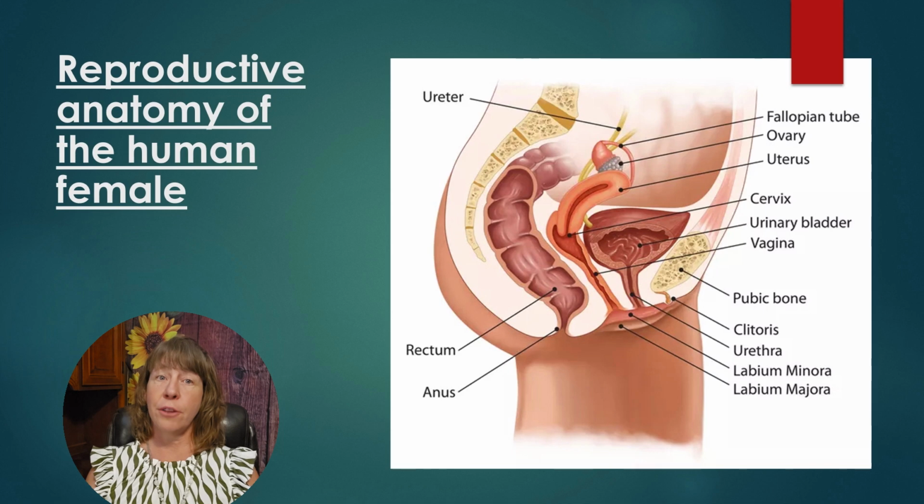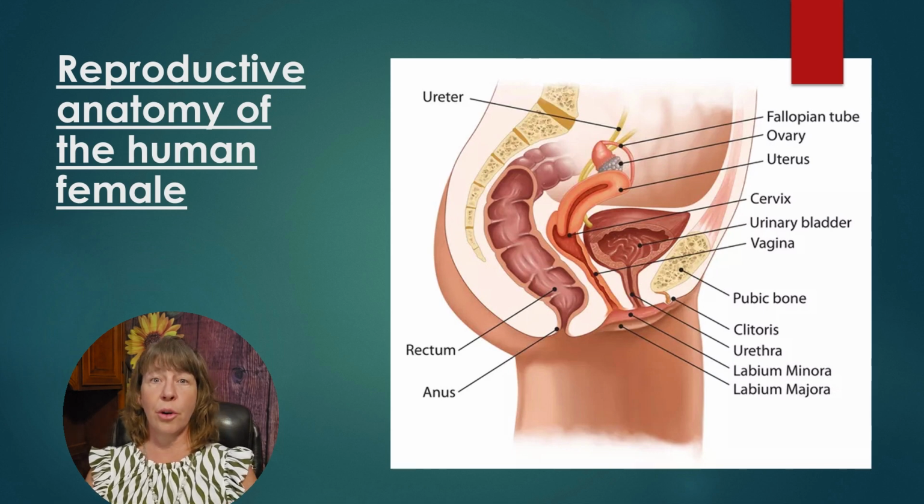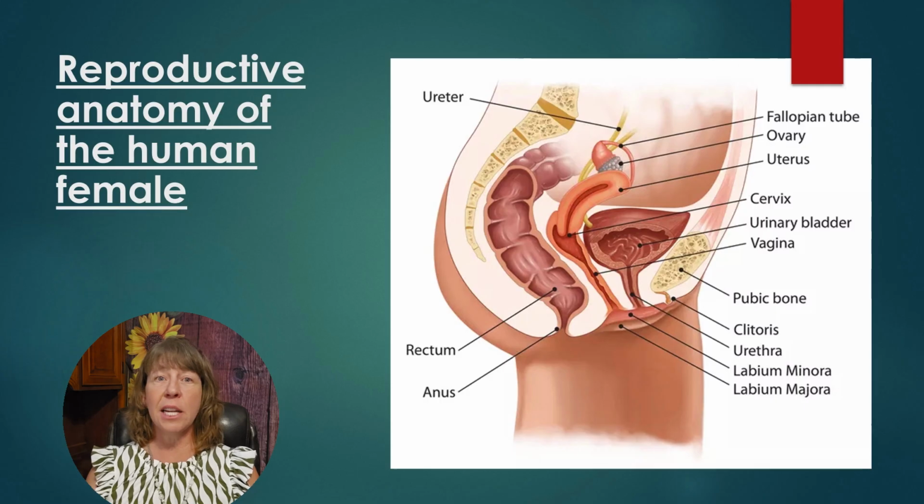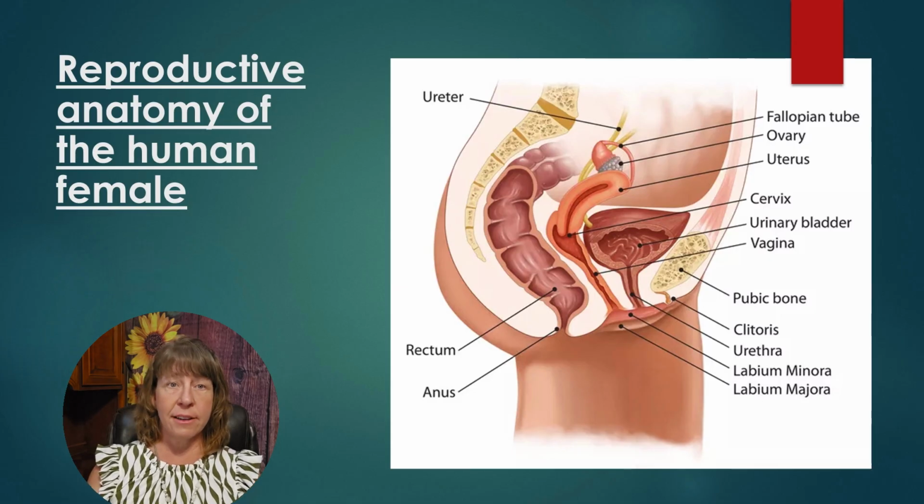Oviducts, which are the fallopian tubes, transport the eggs from the ovary to the uterus. When fertilization takes place, the cilia and muscle contractions move the egg, the embryo, down the tube to the uterus, which is a thick muscular organ where the embryo implants and then develops.